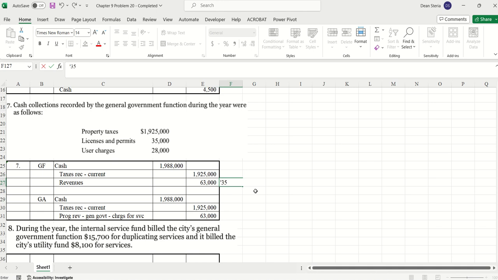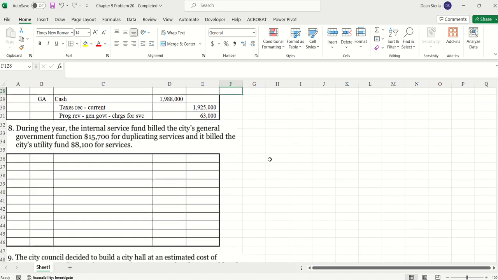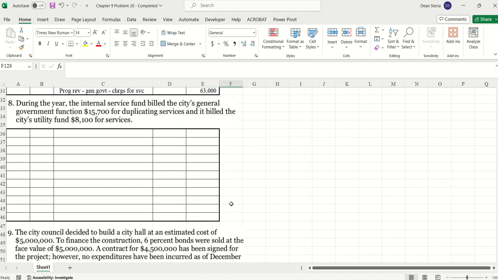So 35, plus 28, and that equals the 63. Okay, and same thing down here. I don't know if there were any other calculations really that we've had to do. But if you do find that I'm missing something on here or whatever, let me know and I can throw something up to correct it or do whatever needs to be done.